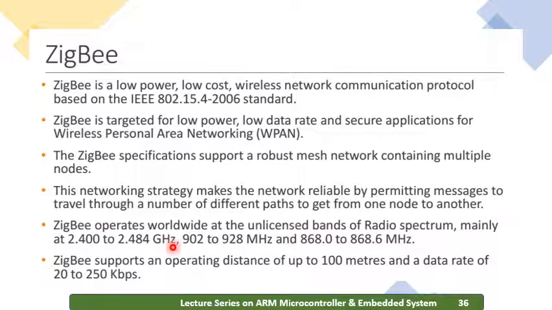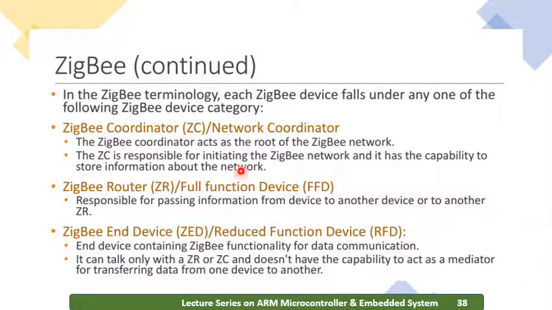ZigBee operates with frequencies of 2.4 to 2.484 gigahertz, 902 to 928 megahertz, and 868 to 868.6 megahertz. The range is about 100 meters, and it provides a data rate of up to 20 to 250 kbps.